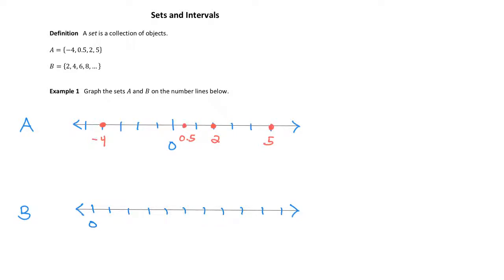And I'll mark 2, 4, 6, 8, and technically 10 is in there too, so I'll put that value down. And that's the best I can do with the number line that I've drawn. So technically there's infinitely many objects, but on this number line, I've listed just a few.